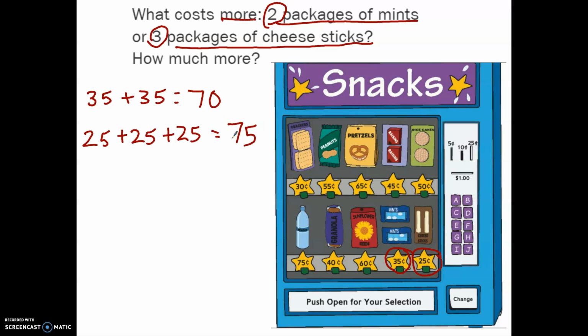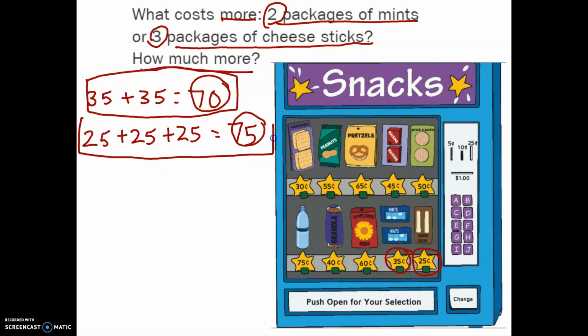Then I have to look at my answers and see which one is more. 75 is more, but I'm not finished yet because they want to know how much more. So this problem, I need to write 3 number sentences. 1 to find out how much the mints cost, 1 to find out how much the cheese sticks cost. Then I need to figure out how much more the cheese sticks are than the mints.